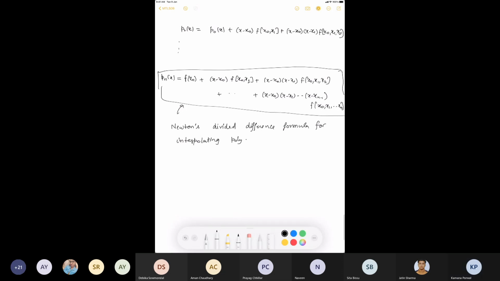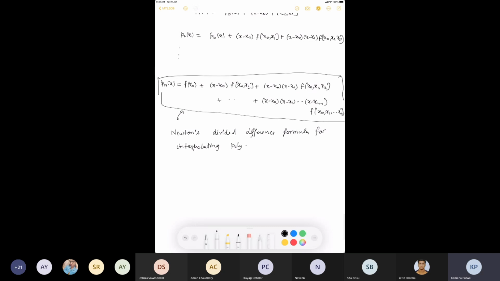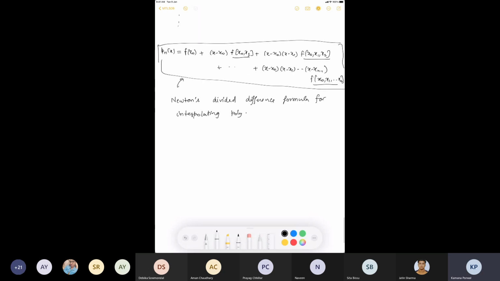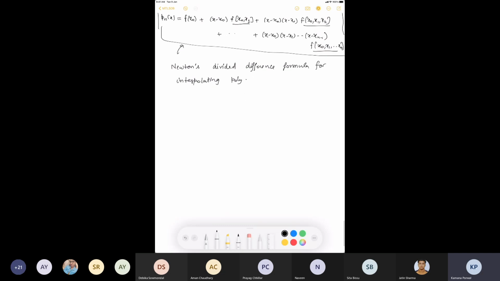Okay. So what is important to find this polynomial using this formula is that you have to compute these divided differences, right? So let's just take one example and try to find how we compute these divided differences.